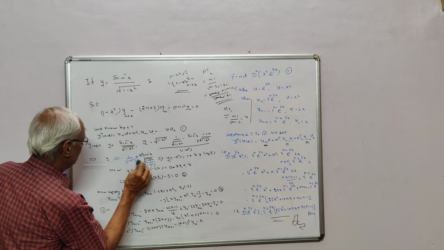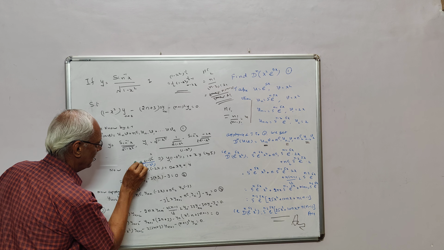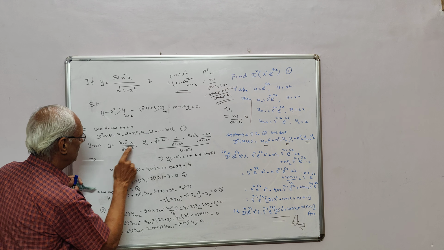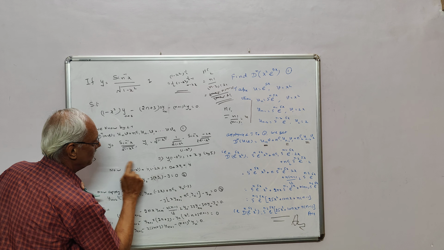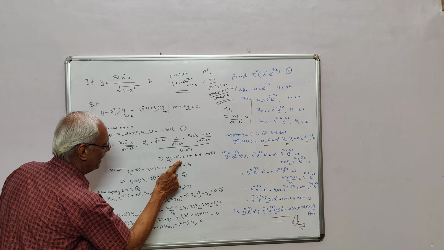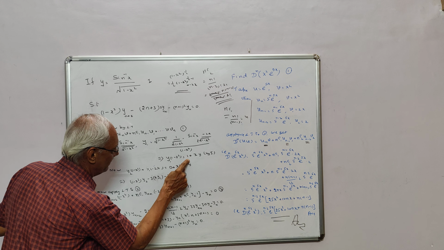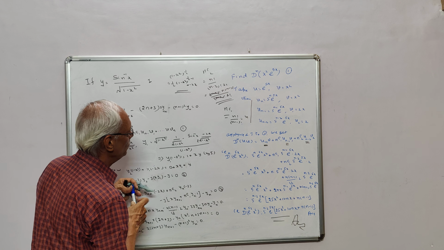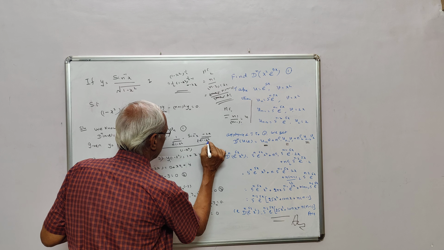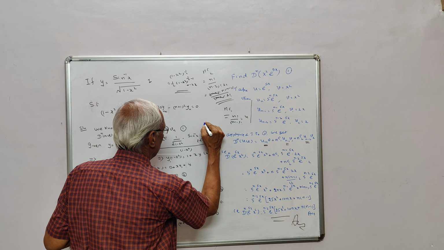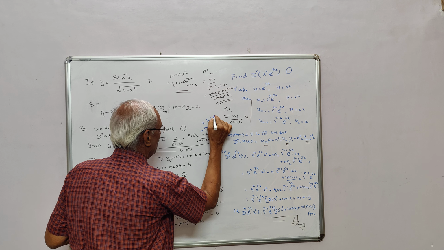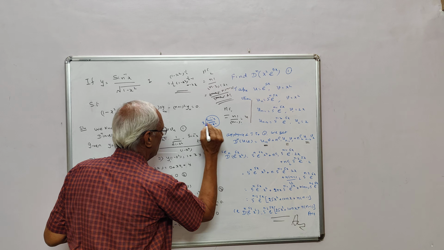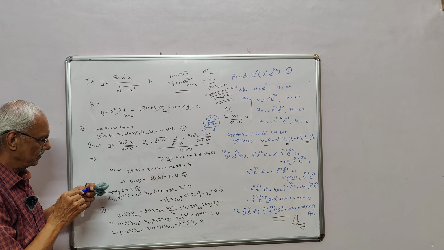See, y1 is equal to so much. When you cross multiply, y1 into square root of 1 minus x squared is equal to, these two will get cancelled, giving you 1 plus x into sine minus 1 of x by square root of 1 minus x squared.